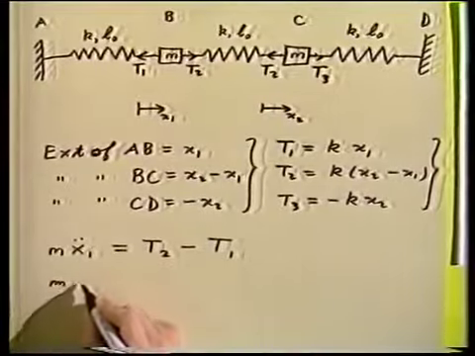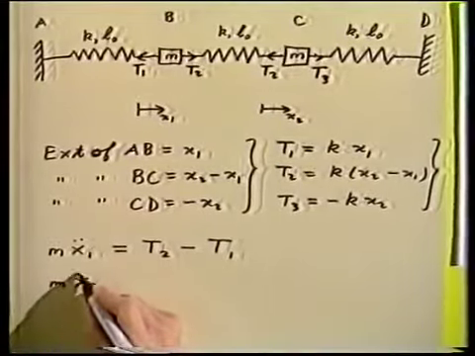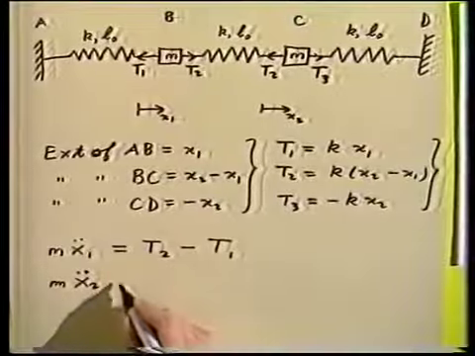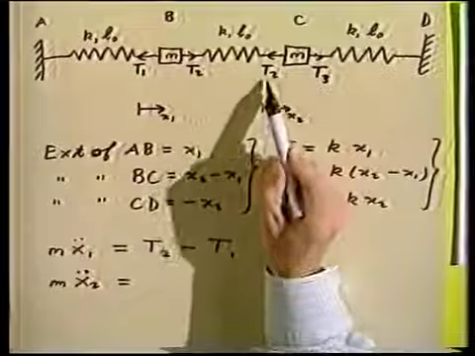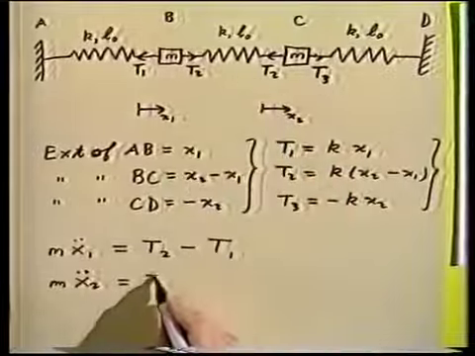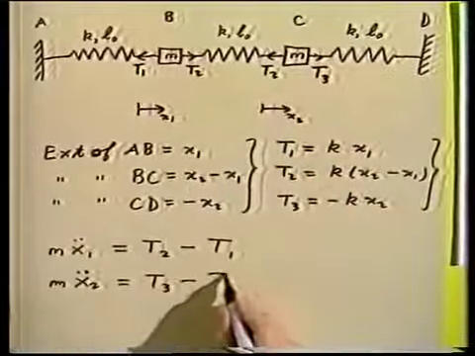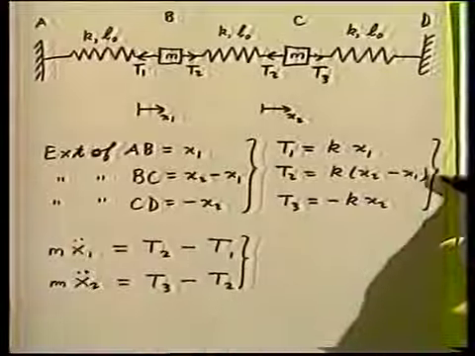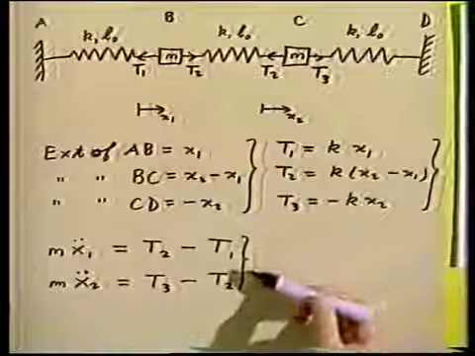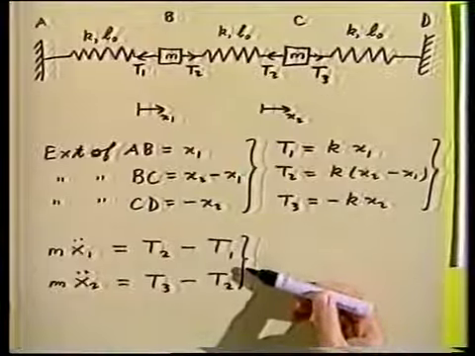Similarly for particle C. Mass times acceleration is the total force, T3 to the right, T2 to the left, so the total force is T3 minus T2. And so now we can substitute the tensions into the equations of motion. And you should get the differential equations which are given in the question.